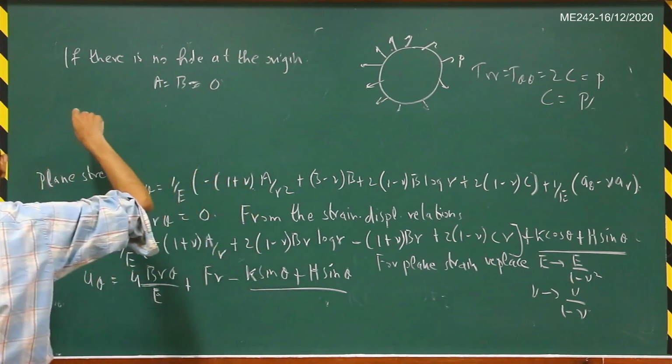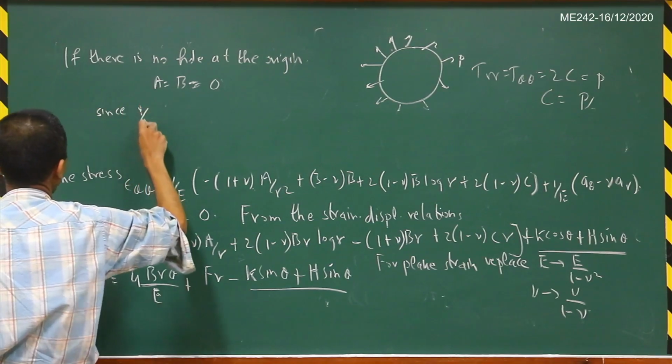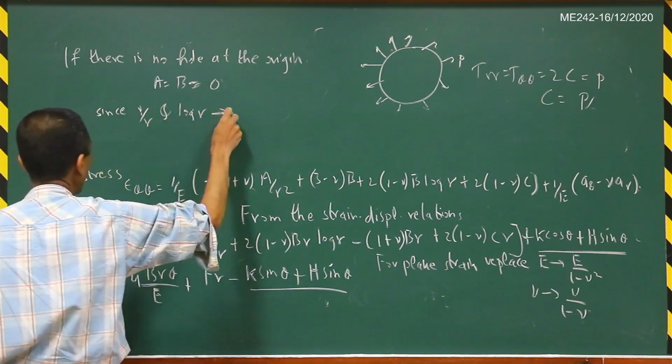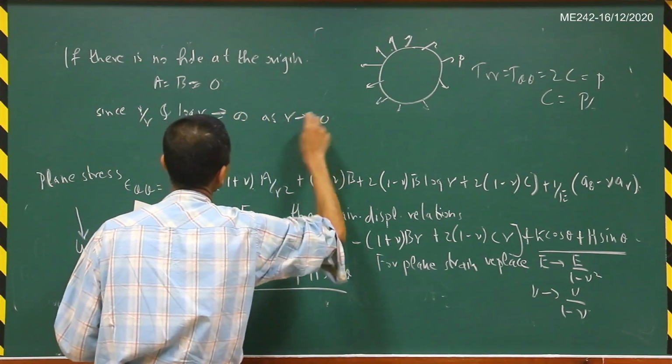Because 1 by R and log R tend to infinity as R tends to 0.